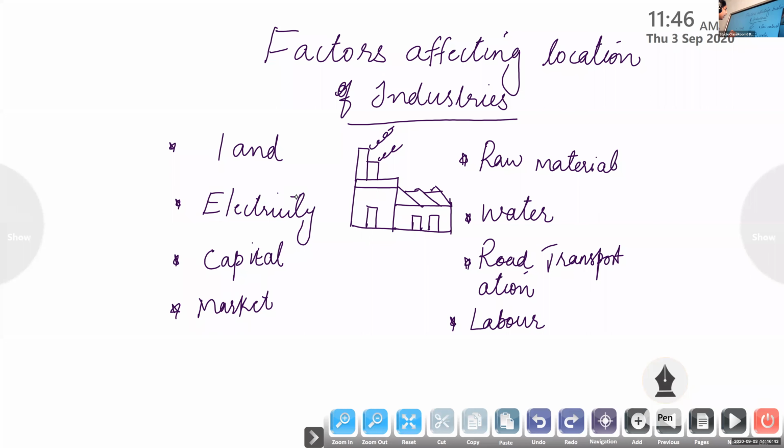Market. Then one more thing is communication. Communication, internet connection, all these are important. If it is an IT industry, internet connection is important, right?